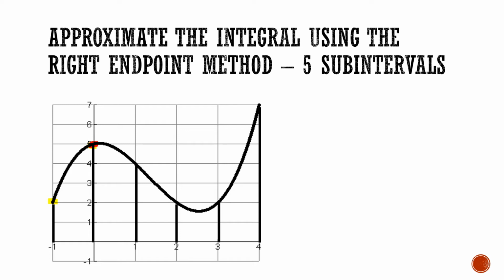So when I draw my top, I'm going to draw it from the right. Same thing in the next interval. I'm going from this piece to this piece, but I want to use specifically the right one because I'm doing my intervals from the right because I'm doing a right Riemann sum.